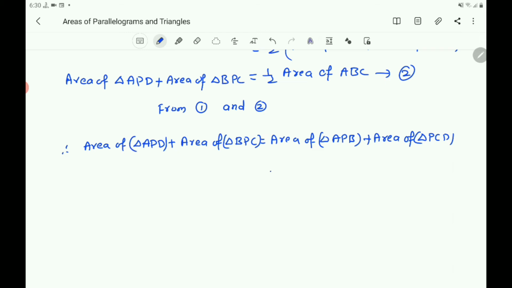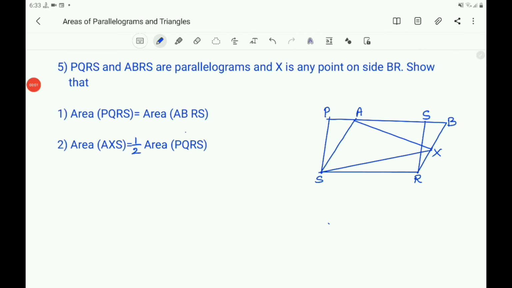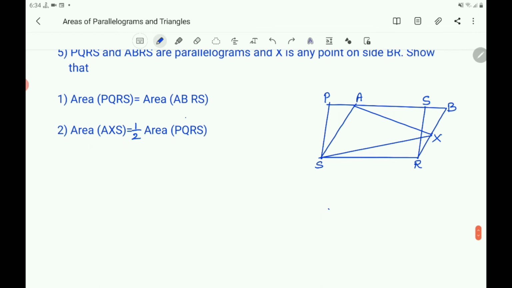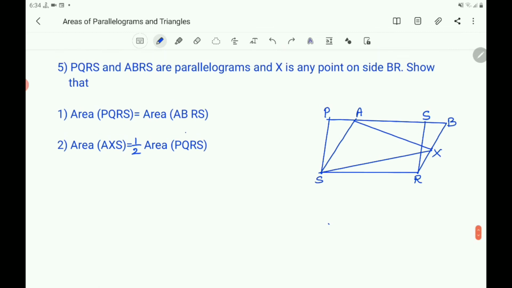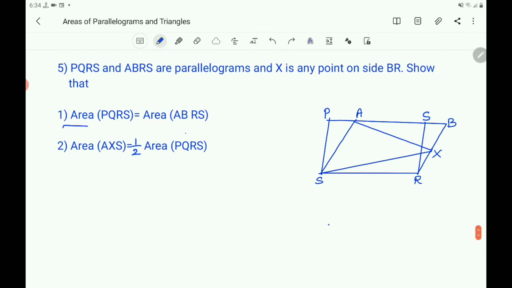Now the fifth question: PQRS and ABRS are parallelograms and X is any point on side BR. Show that area of PQRS equals area of ABRS and area of triangle AXS equals half area of PQRS. Now, how can you prove this one?